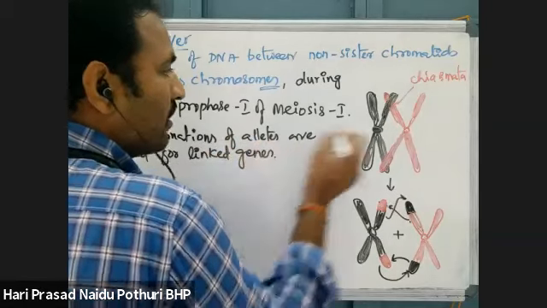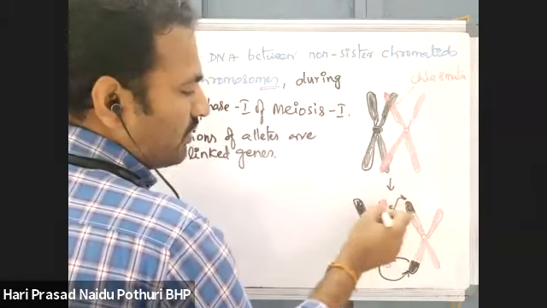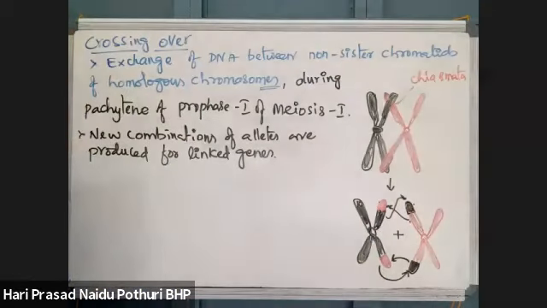Suppose two genes are linked, they are exchanged from one chromosome to another. Linked genes are getting exchanged. That is why this is called linkage and recombination, and crossing over results in recombination.